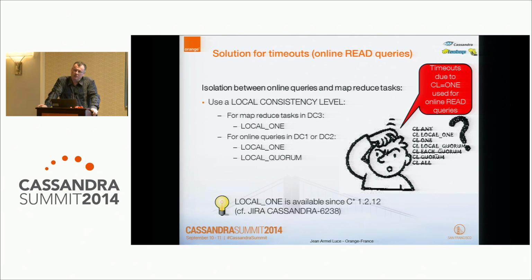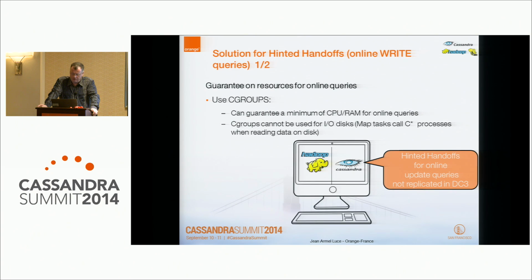But we still have the problem with the hinted handoff for the update queries. At first, we decided to use cgroups. Cgroup is a Linux feature which can guarantee a minimum of resources for some Linux processes. Here, we are using cgroups to guarantee a minimum of CPU and RAM for the Cassandra processes.